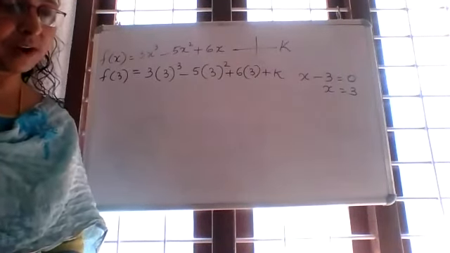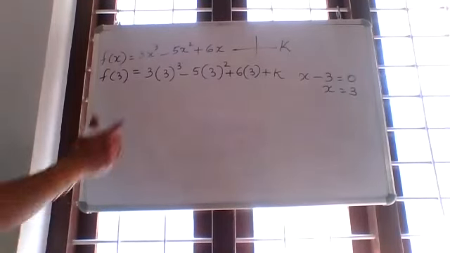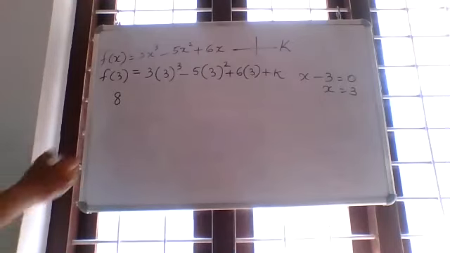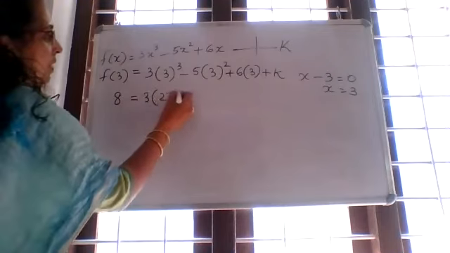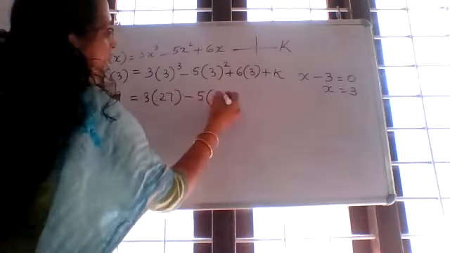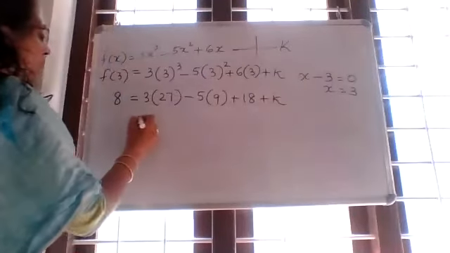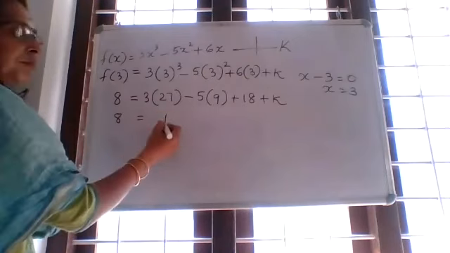The resulting polynomial is divided by x minus 3. The remainder is 8. So replace it as 8 is equal to 3 into 3 cube is 27, minus 5 into 9, plus 6 3s are 18, plus k. So what about 27 into 3? 81.